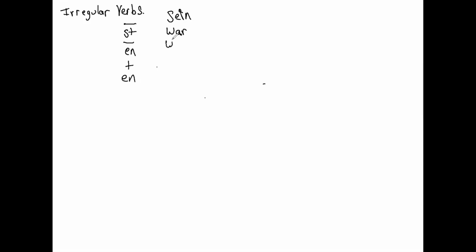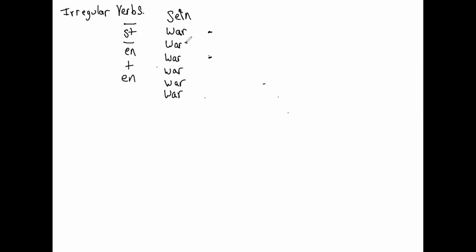So we say war, war, war, war, war, and war. And then we have to add our endings where needed. There is not an ending for the ich form or the er, sie, es form. Like I said, they're going to be using the same forms for each one of those. So no ending, just war.